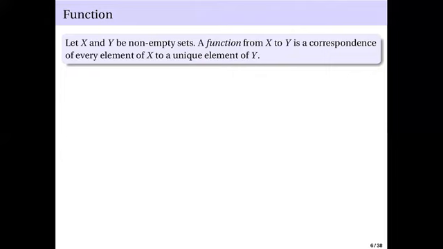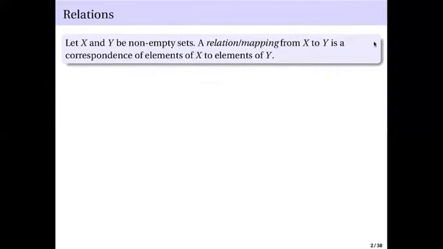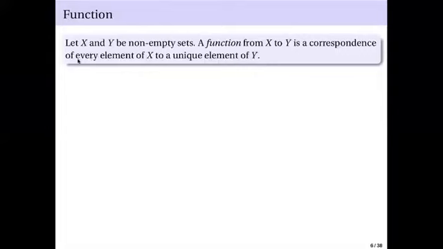Unlike in the definition of relation, which only says correspondence of elements of x to elements of y, in a function we want every element of x to correspond to a unique element of y.